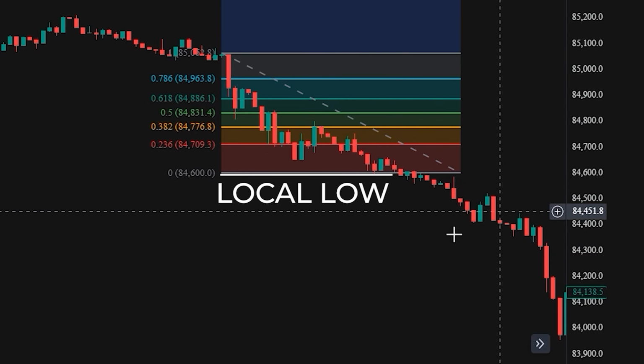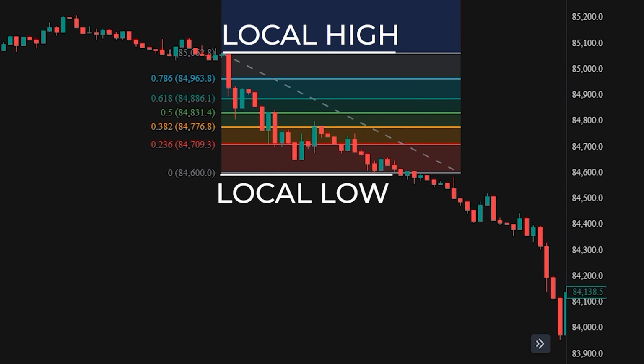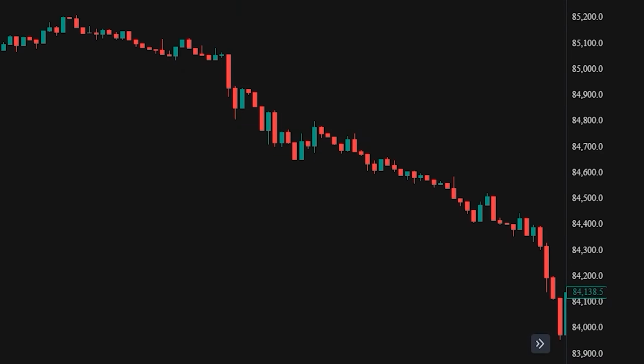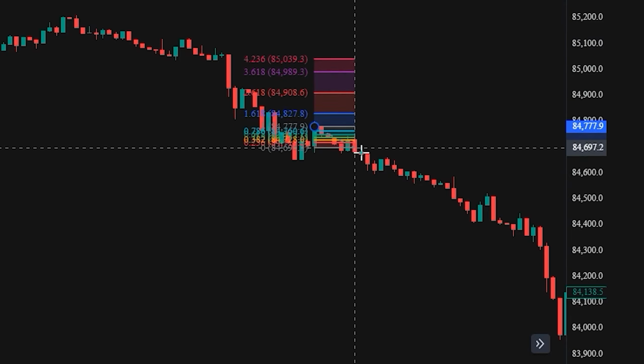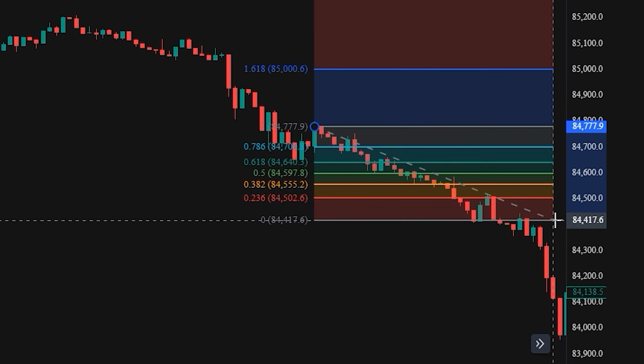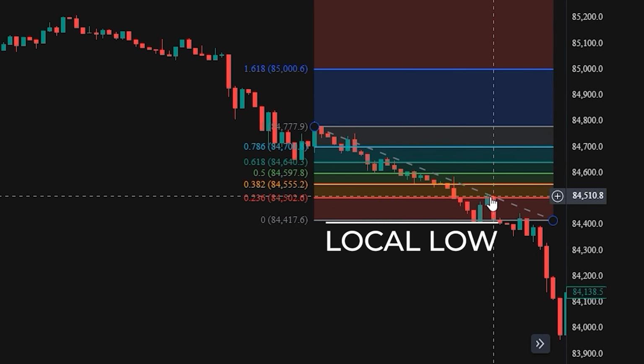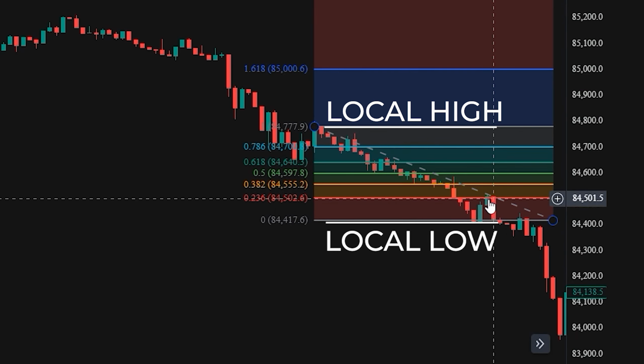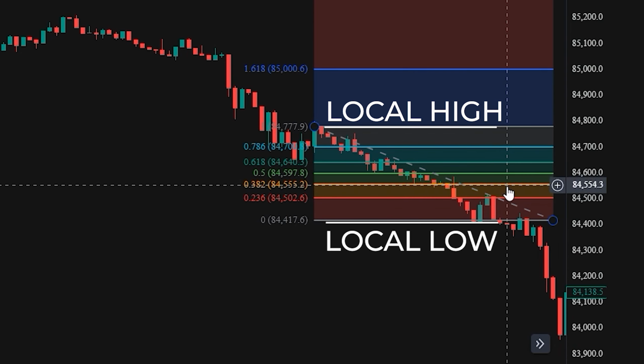The local low remains here, and the local high has already been updated, so now it's here. And now we're looking for bounces along these lines. We didn't get them, but we got a new high. After the high has been updated, we redraw our Fibonacci levels again and set them now at this local low and this local high. And we continue to monitor the situation.